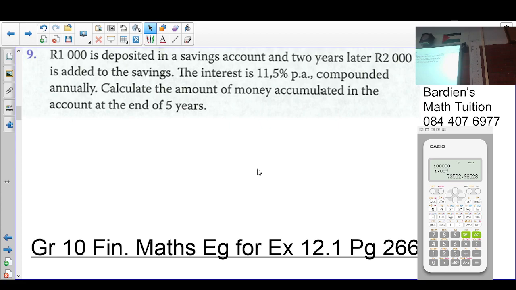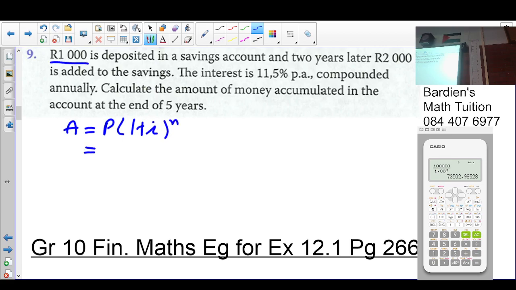So which formula do I use? Compound. A is equal to P into 1 plus i to the exponent n. So it's going to be 1,000 Rand into 1 plus 0.115 to the exponent 2 years.